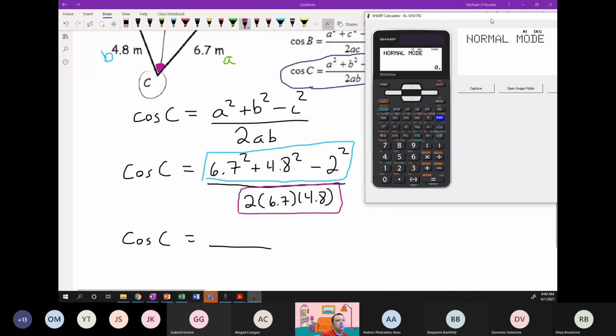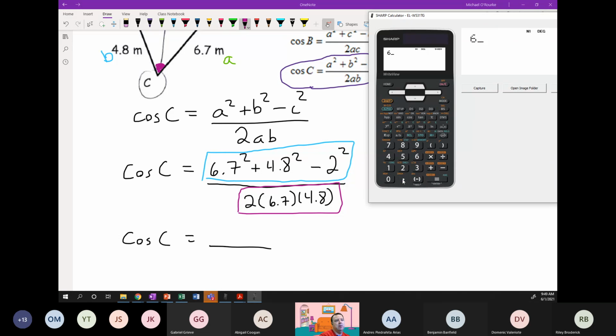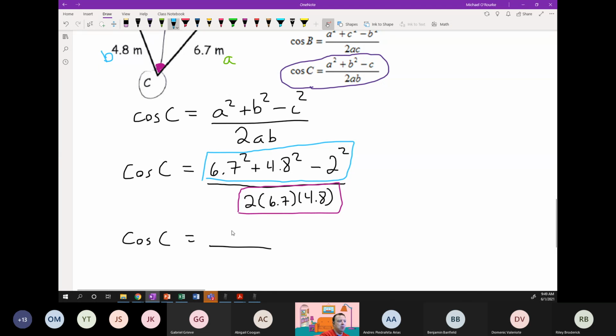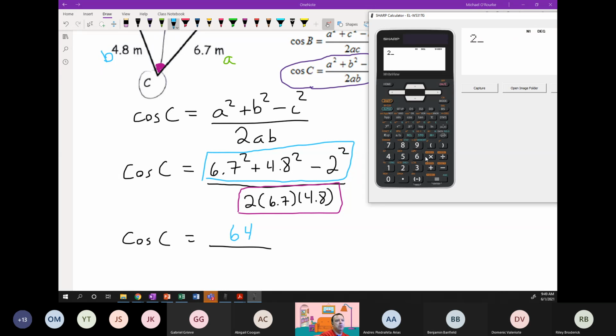So I have 6.7 squared plus 4.8 squared minus 2 squared equals, let's round to 64. And then I have 2 times 6.7 times 4.8, which equals, sorry, I should have used decimal places.